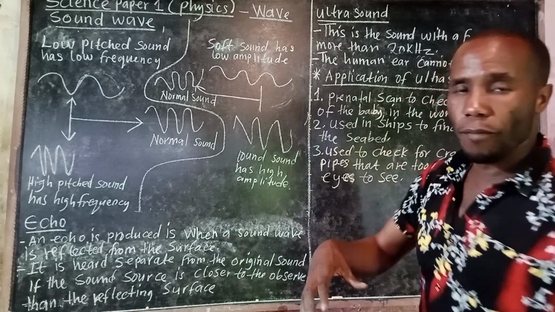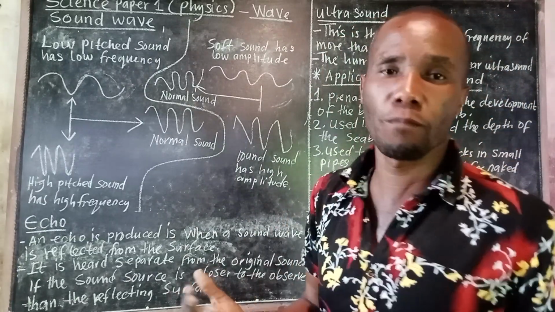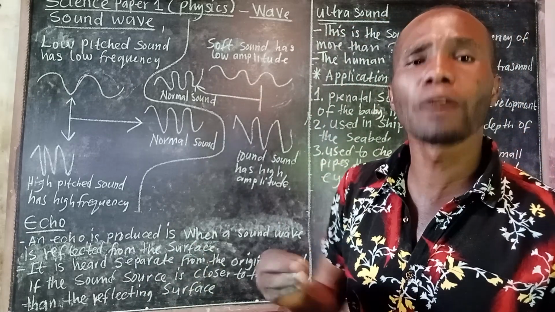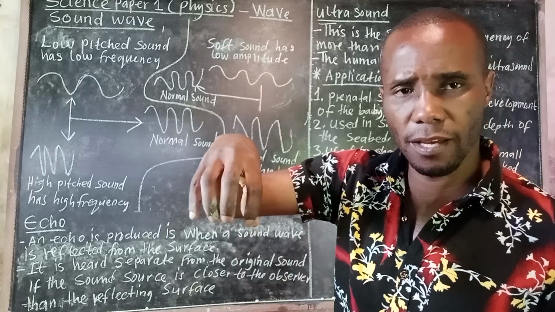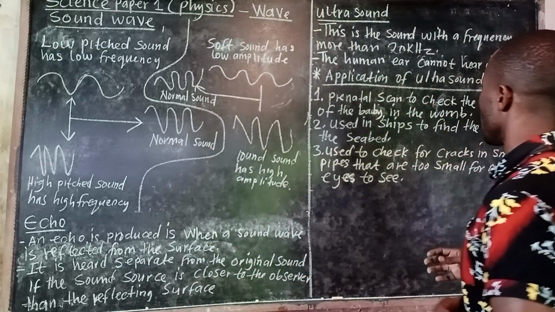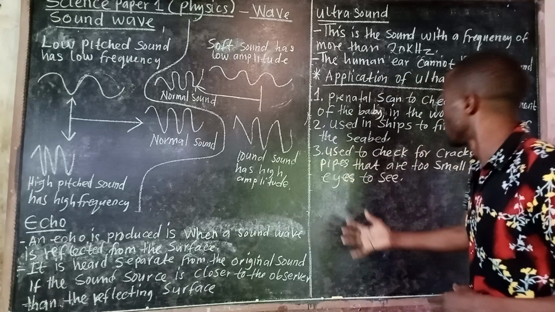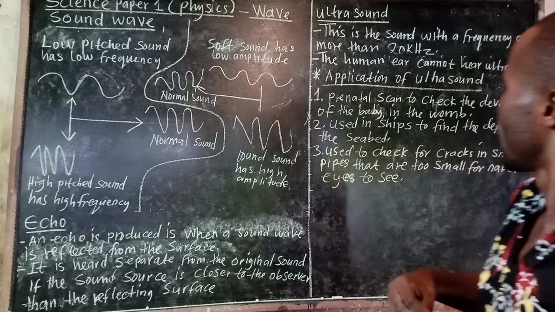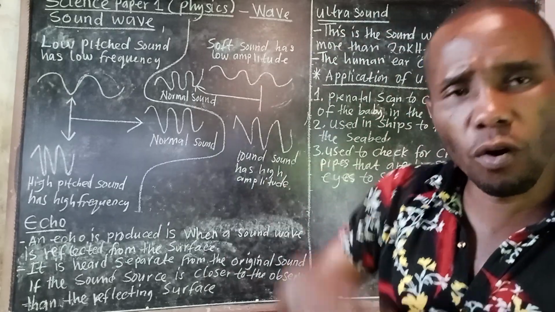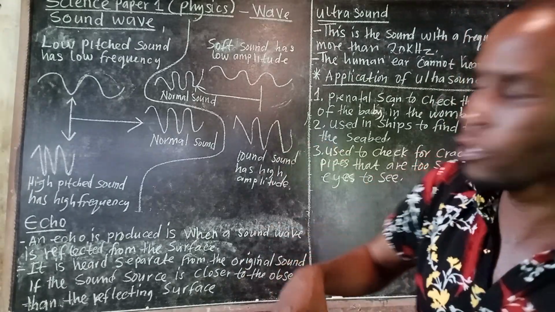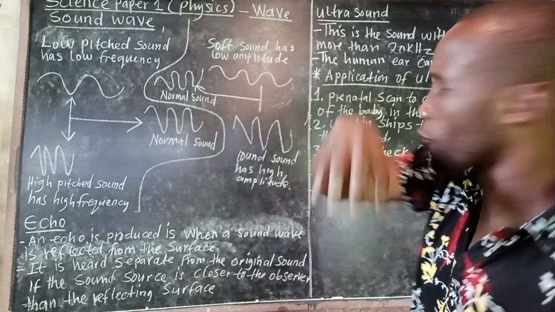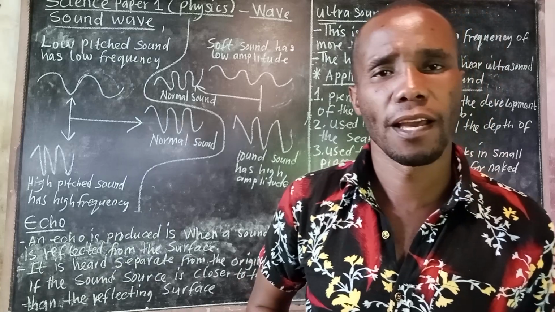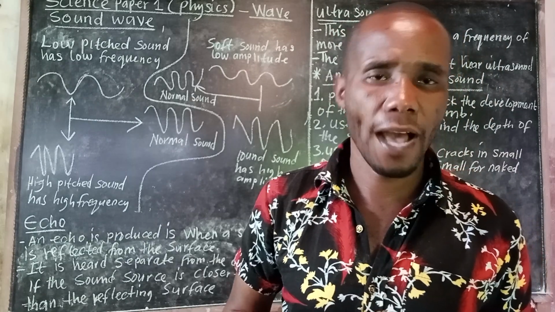Inside the ship, you can use ultrasound to check the depth of the what? The seabed. Three, it is also used to check for cracks in small pipes that are too small for naked eyes to see. So ultrasound is also used to check for the what? For the cracks in small pipes that cannot be seen with our naked eyes.